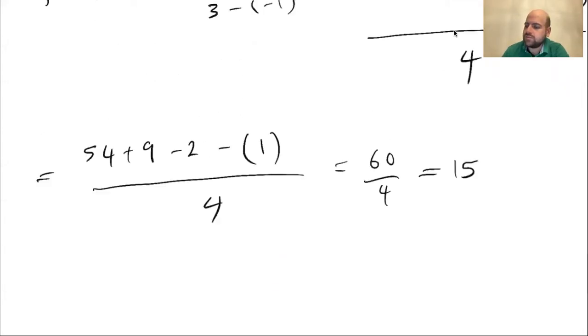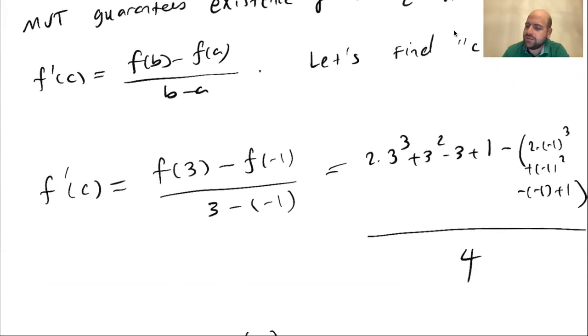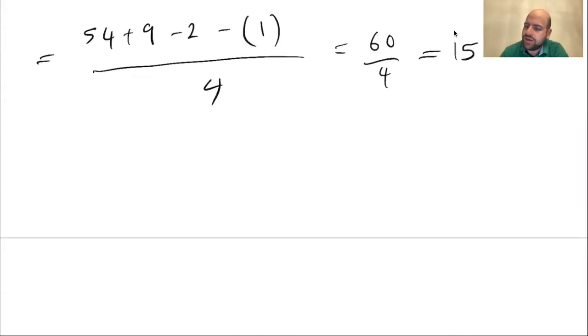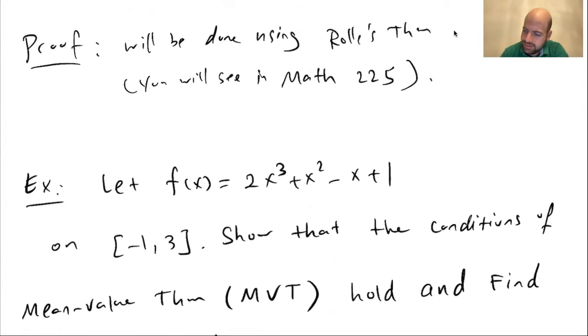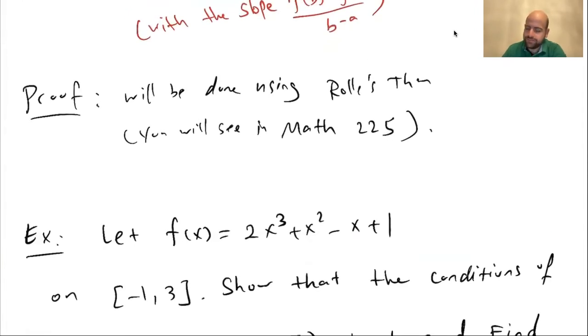Now what is the expression for f prime of c? Let's find f prime of x. We just need to differentiate f of x: 6x squared plus 2x minus 1.